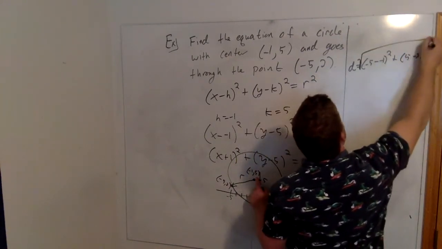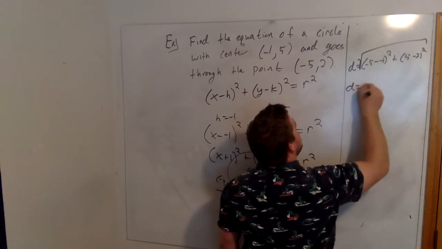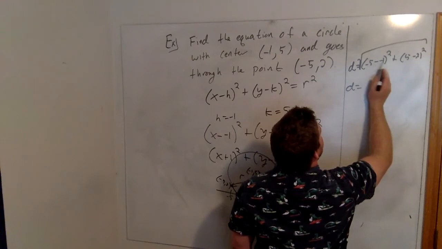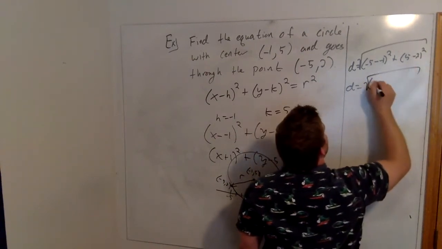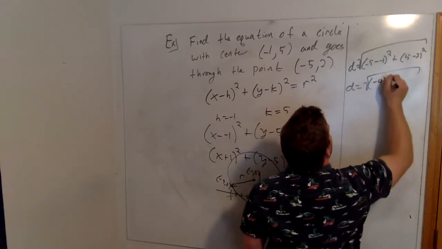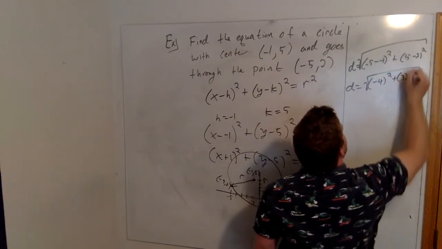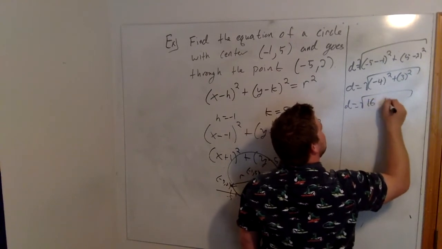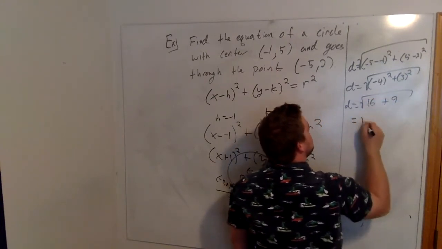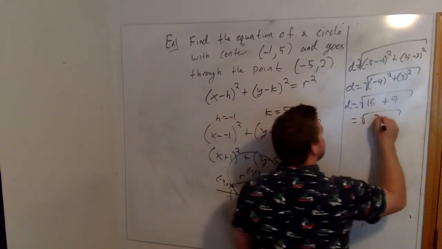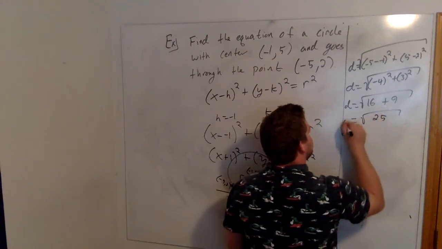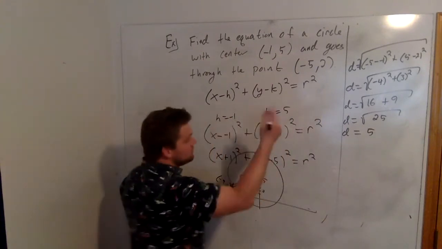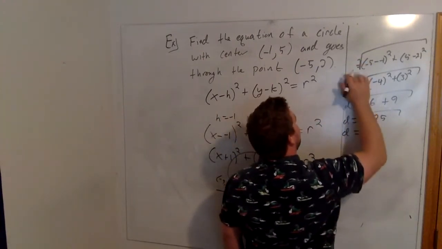So d equals the square root of (-4) squared plus 3 squared, which is the square root of 16 plus 9, so the square root of 25. It looks like the distance between these 2 points is 5, but that distance is the same thing as the radius, so maybe I could put an r here.